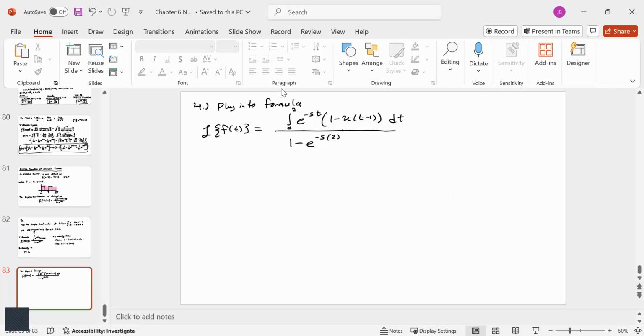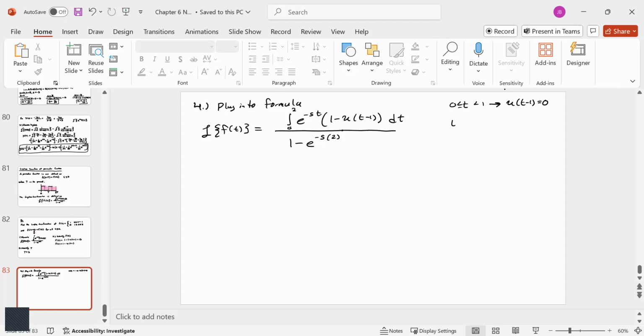When t is between 0 and 1, our step function is turned off, so u of t minus 1 is equal to 0. It's not activated.